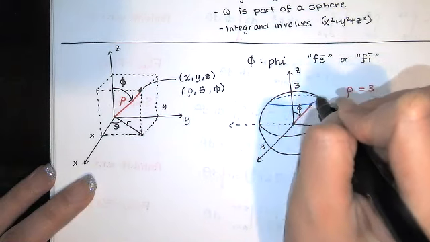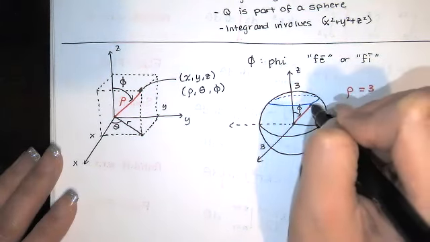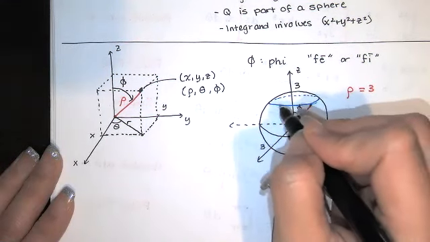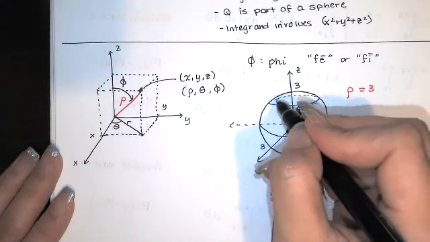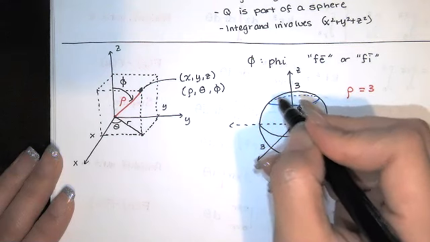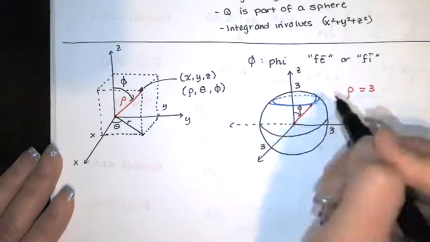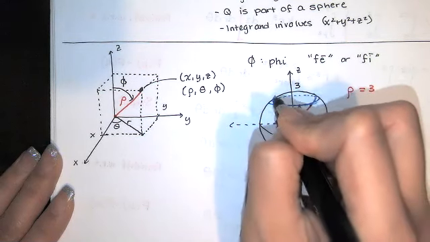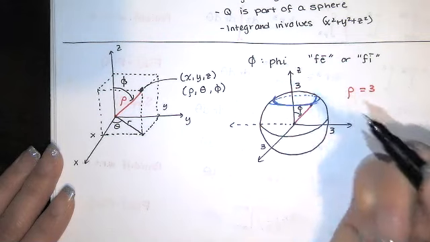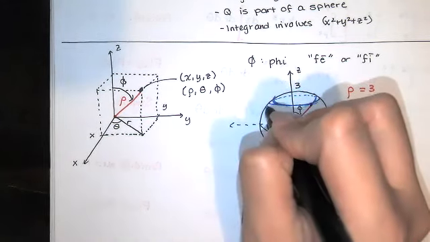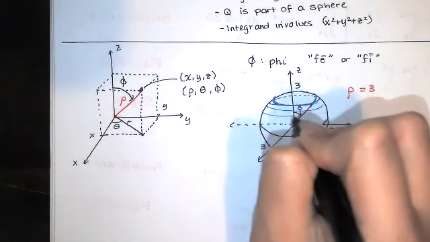So all of the points that are making that angle with the z-axis are going to lie along that circle. And actually, it doesn't look quite right. Maybe it should be more like that. But where phi is equal to a constant, we're going to have lines like that.